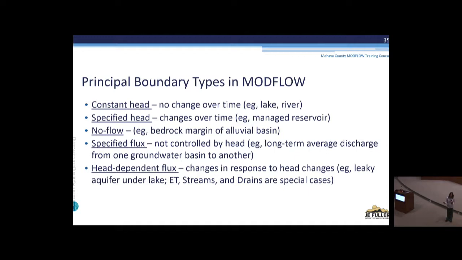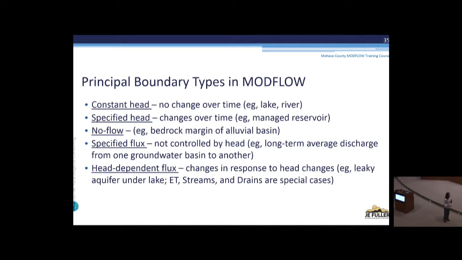Guess what? It's also a free source of water then. That means even though I may put pumping wells right next to those specified flux cells in the model, my wells are always going to have water because that flux is never going to change no matter what my wells are pumping. So it's a little bit artificial. You have to be very careful with this kind of boundary.